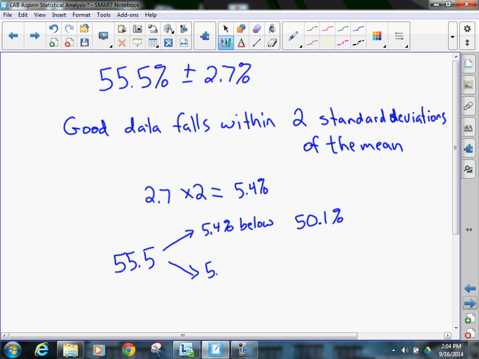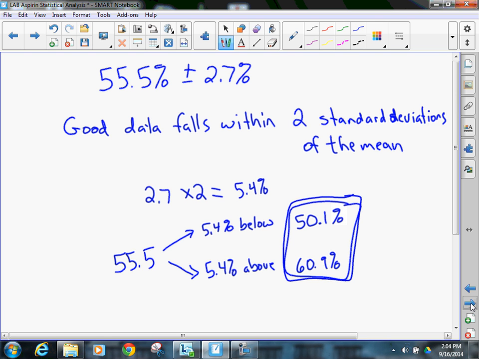Okay, you could also go 5.4% above the average, which would be about 60.9%. So this range just gives us kind of our low to high range. As long as your data falls in this range right here, 50.1% yield to 60.9% yield, that is good data, right? Because it's within 2 standard deviations of the mean.